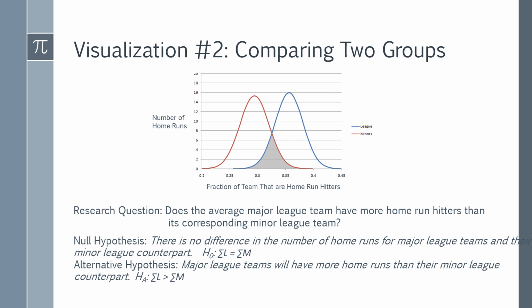And those look like they're about equal, between 30 and 35% of the time, where each team has about 7 home run hitters.